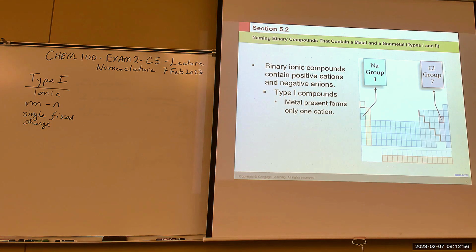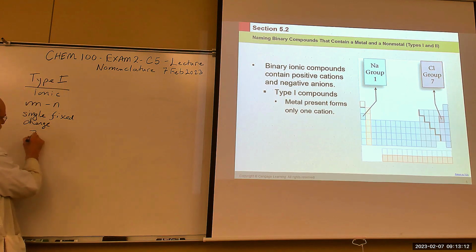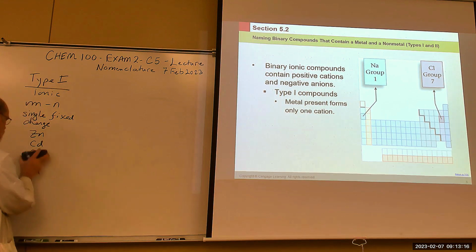The periodic table will have that information. Yeah, zinc, cadmium, and silver. So in addition to those that I mentioned, zinc, cadmium, and silver.